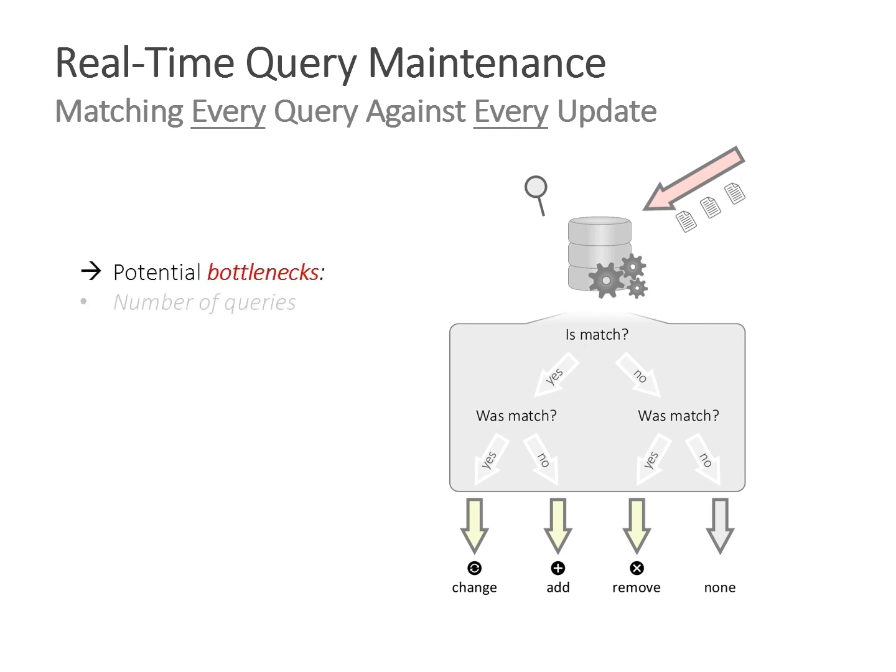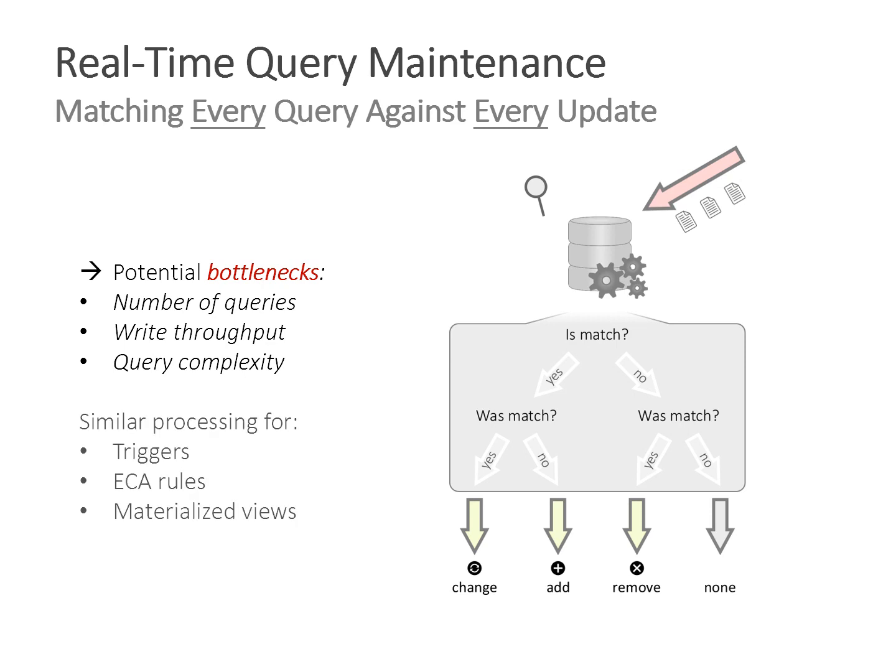And depending on the number of queries that are currently active and the write throughput and the query complexity, matching every query against every incoming update operation can just become prohibitive. And that's the reason why triggers or event condition action rules and materialized views are also very expensive to provide for a database system.